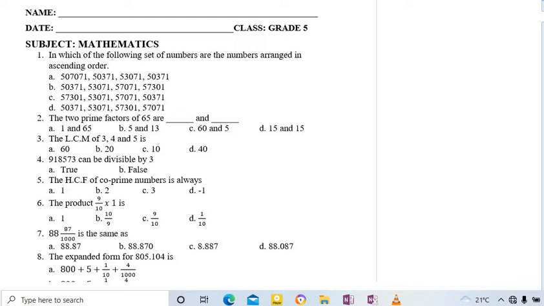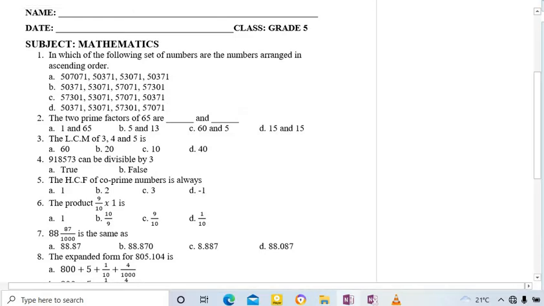It says that in which of the following sets of numbers are numbers arranged in ascending order. The first thing is to explain what ascending order is, which is arranging from the least to the greatest. And looking at this, the first one is 507.